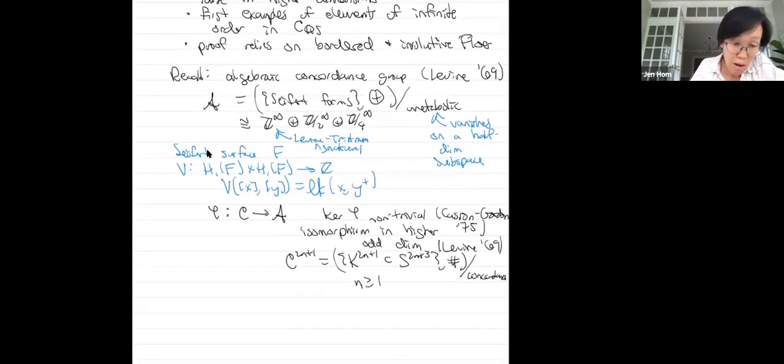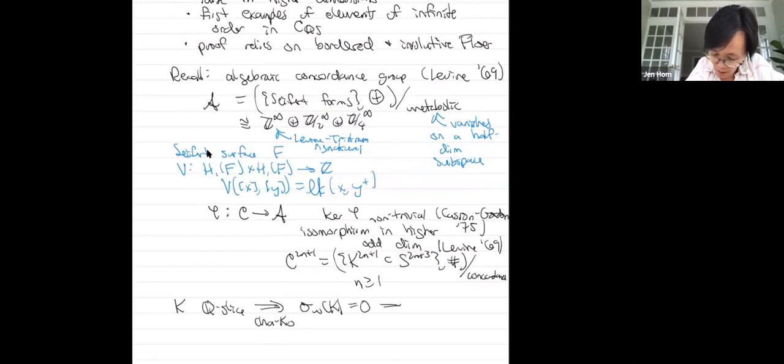Okay, and so if a knot K is rationally slice, then it's a result of Cha and Ko that all of its signatures vanish. And now I'm using Levine's result here. Well, this is going to imply that K is finite order in the 2n plus 1 dimensional concordance group if n is greater than or equal to 1.